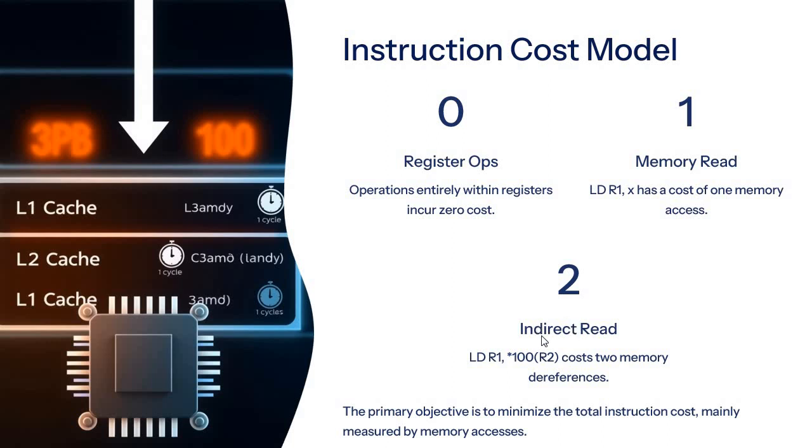And next is indirect read, which involves dereferencing pointers, and is more costly, about 2 units. The ultimate goal in code generation is to minimize this cost, especially memory operations, as memory is much slower than registers.